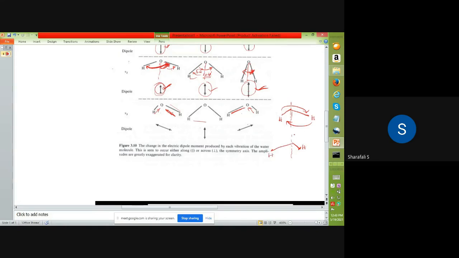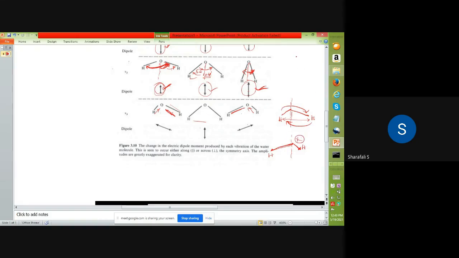So they are not symmetric with respect to that axis. That's why it is called antisymmetric vibration, because if you rotate it by 180 degrees, we will have a different position for this hydrogen. So this is not a symmetric vibration.